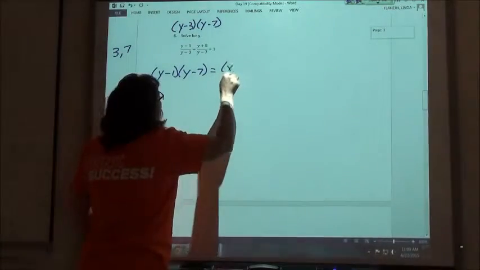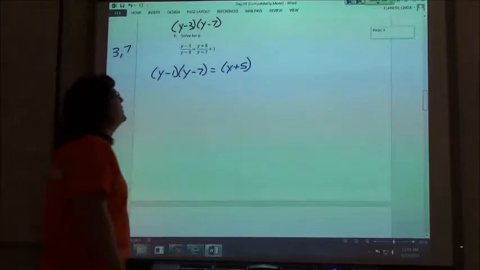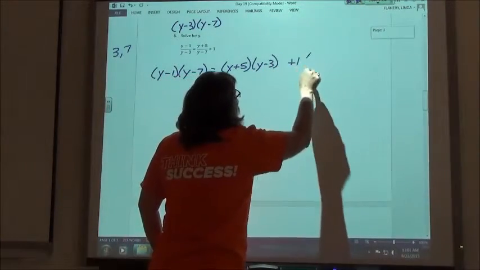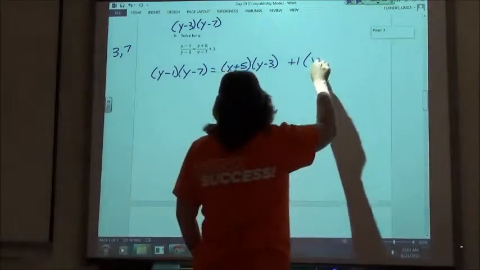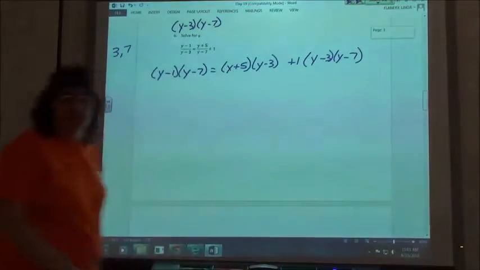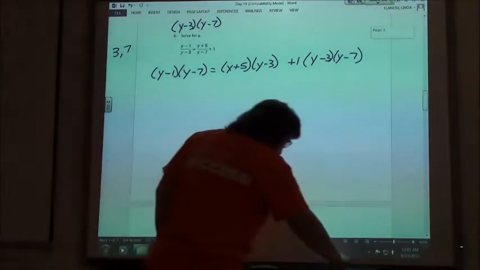I'm going to take the y plus 5 times the y minus 3. And I'm going to take my positive 1 times both of them, y minus 3 and y minus 7. And then I get to do a bunch of foiling.